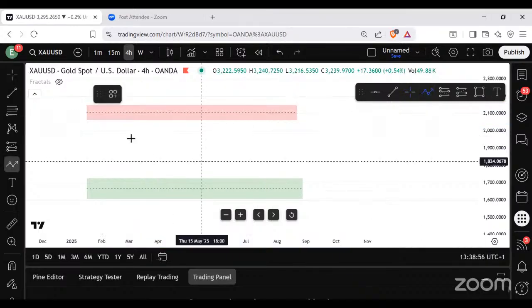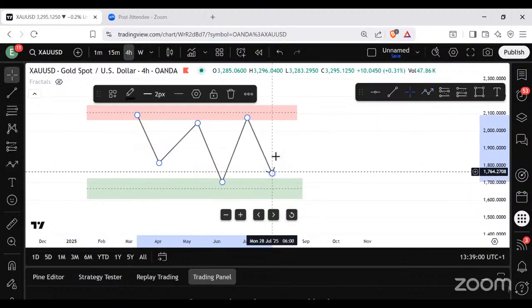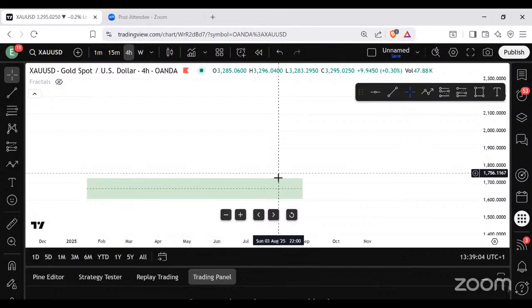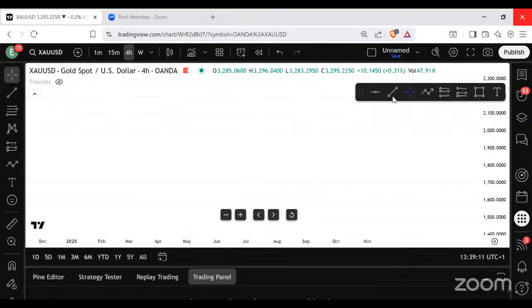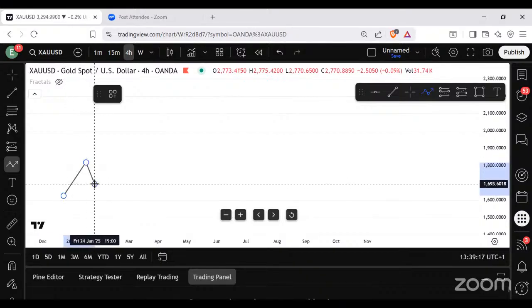Price is usually moving between the buyer and the seller zone. The things we usually look for, you already understood the concept and structure.